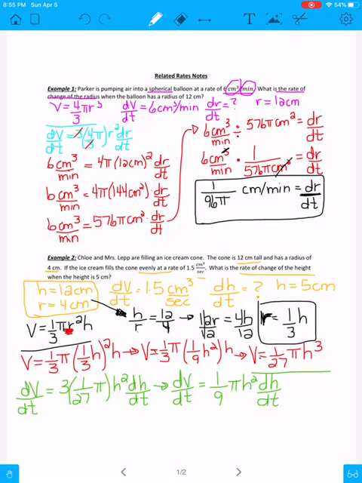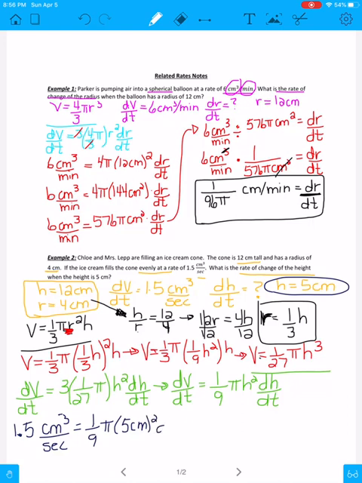So I know that I have dV over dt, which is 1.5 centimeters cubed per second, equals 1/9 pi h squared. So h is going to be 5. I use this h because this is the changing h. So 5 centimeters of the ice cream, squared. And then I'm looking for dh dt.